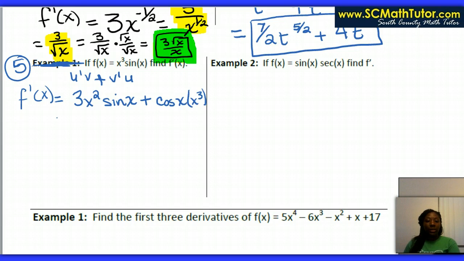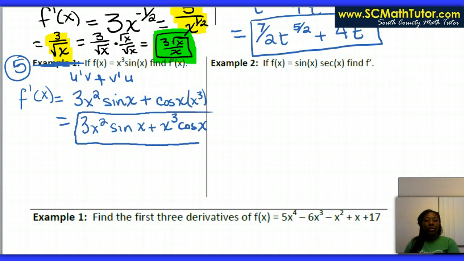Okay, so I'm just going to simplify. So this is just 3x squared sine x plus x cubed cosine x. Okay, that's that. Product rule, same things.